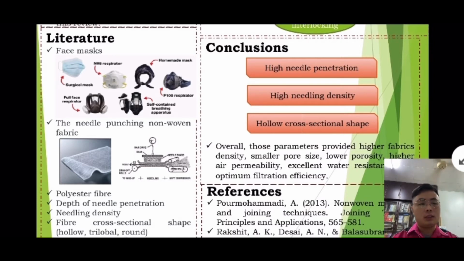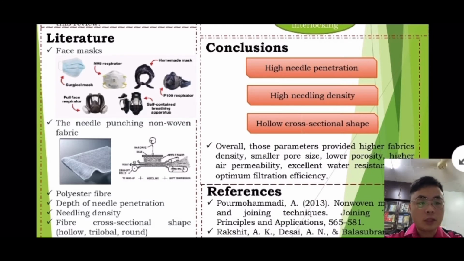Needle punching non-woven fabric is produced by strengthening the web using a mechanical mechanism until the fiber becomes a complete fabric. The fiber used in a face mask is mostly polyester. Polyester fiber is a man-made fiber produced with long chains of synthetic polymer, formed from many molecules combined.